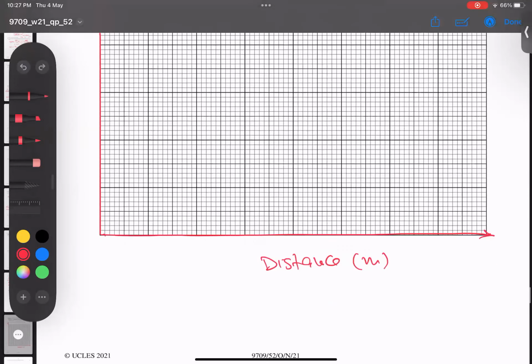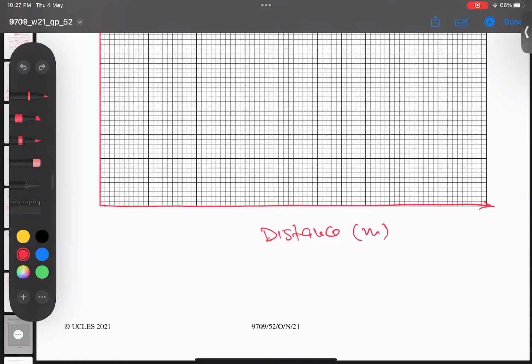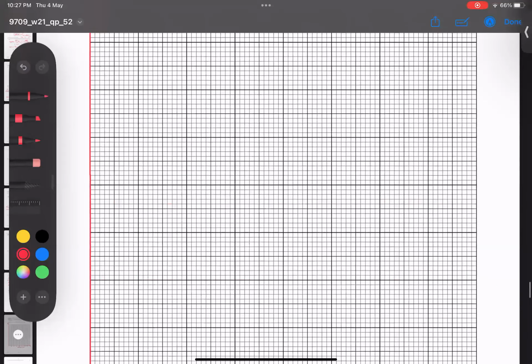If we check it, maybe 2, 4, 6, 8, 10, 12, 14, 16 is correct. So make it 200, 400, 600, 800, 1000, 1200, 1400 and 1600. So correct.